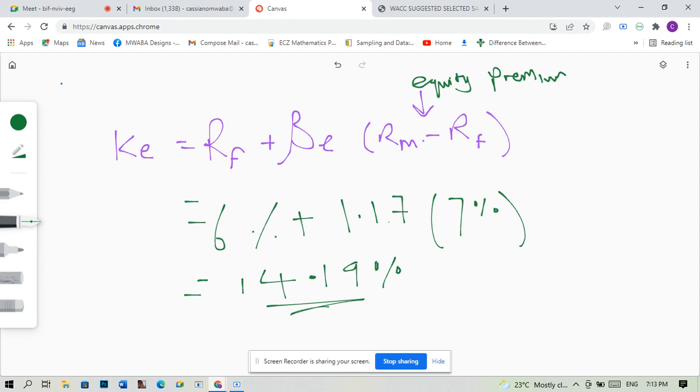Okay, so now the next thing we're going to do, because we've calculated our cost of equity. No questions. Okay. Now we're going to calculate our cost of debt.